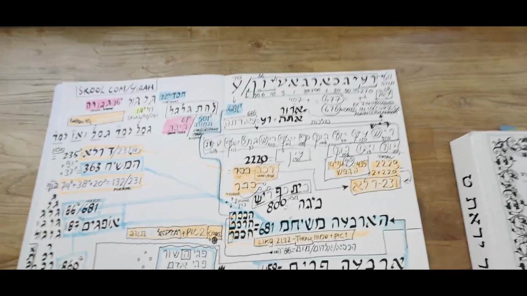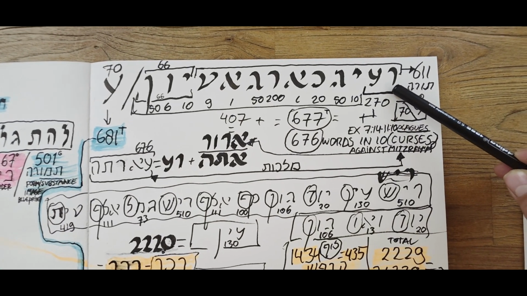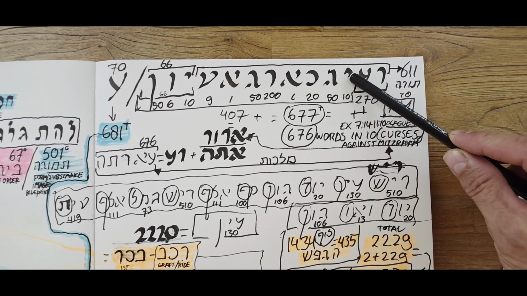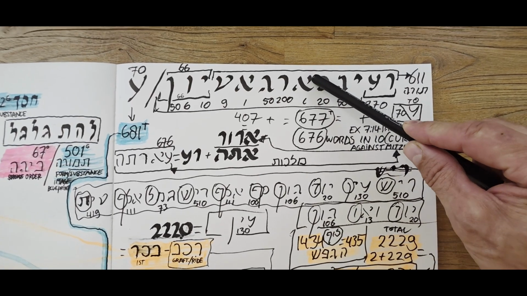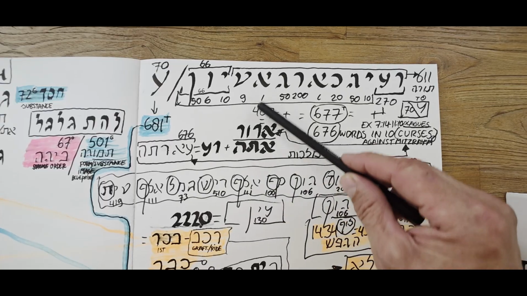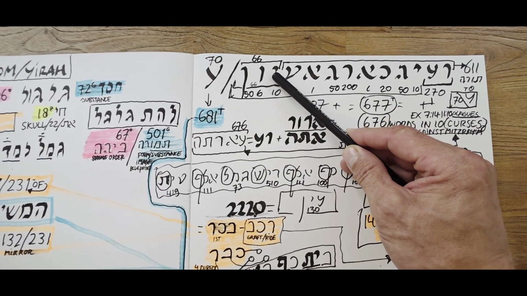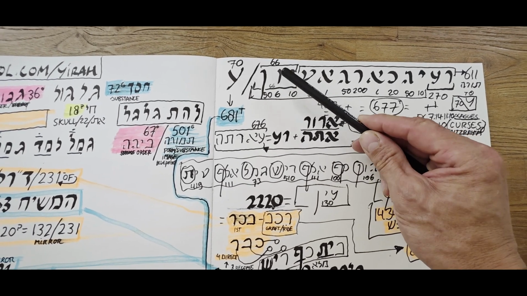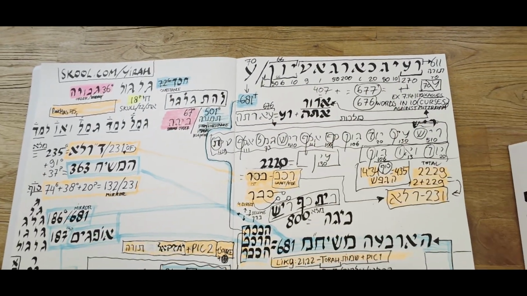So let us begin with the English word reincarnation. That would be a resh for the R, an ayin for the E, a yud for the I, a nun for the N, kaf for the C, aleph for the A, resh for the R, nun for the N, aleph for the A, tet for the T, yud, vav, nun for the I-O-N, the O being the top of the nail.